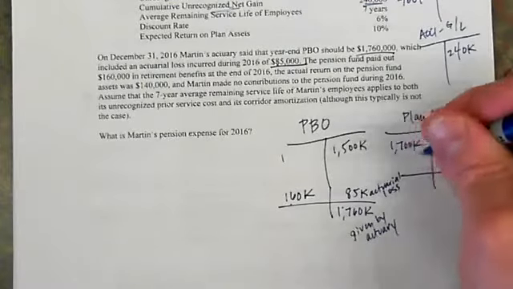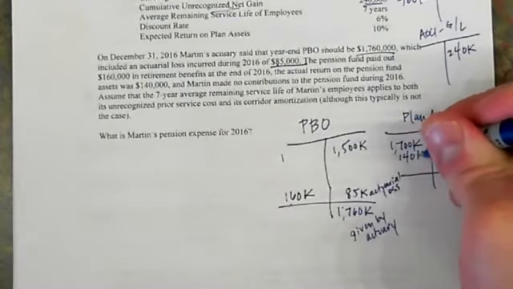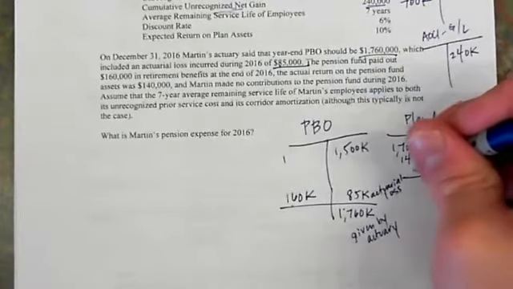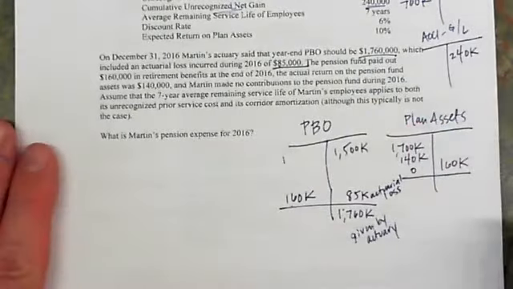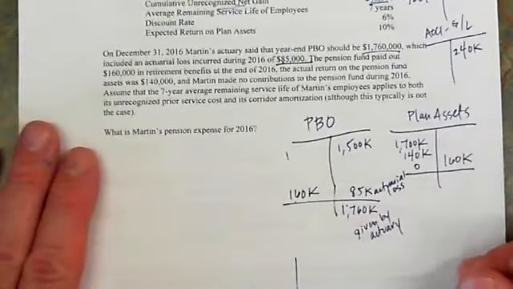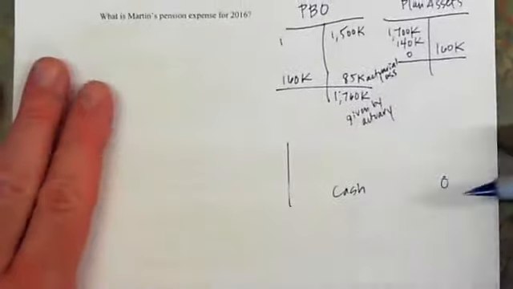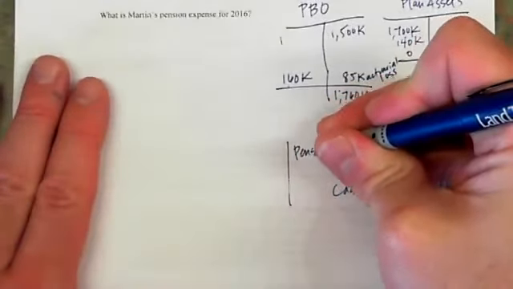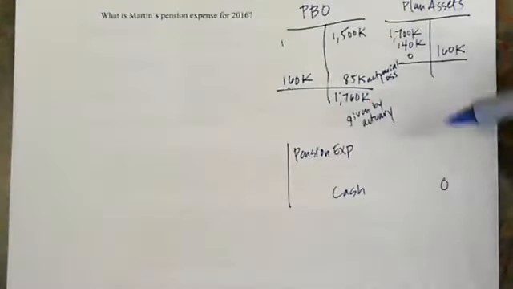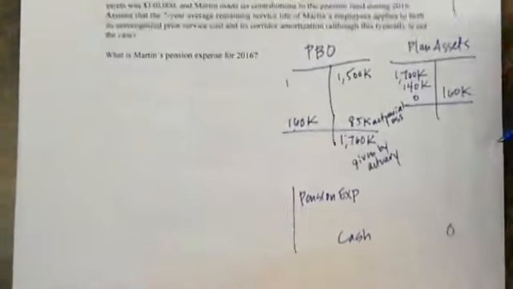Well, that typically goes in my plan assets account. And it says Martin made no contributions to the pension fund. So that's zero. And then if we're thinking about what happened, remember, cash is going to be zero in my journal entry here. Because remember, we've seen it's always, at the very least, pension expense and cash. But cash this time is going to be zero.